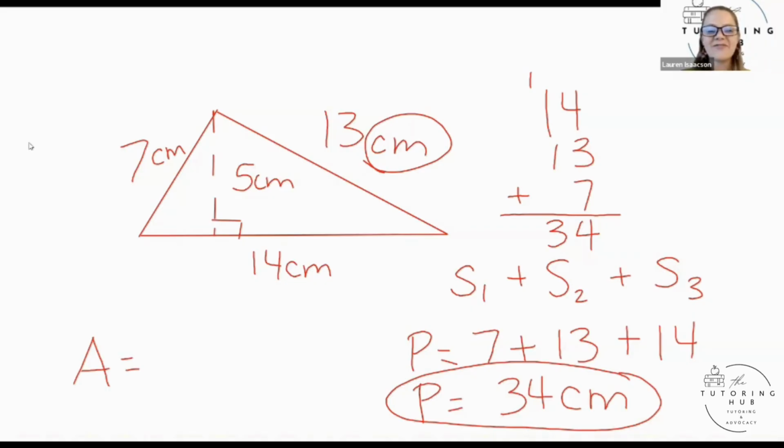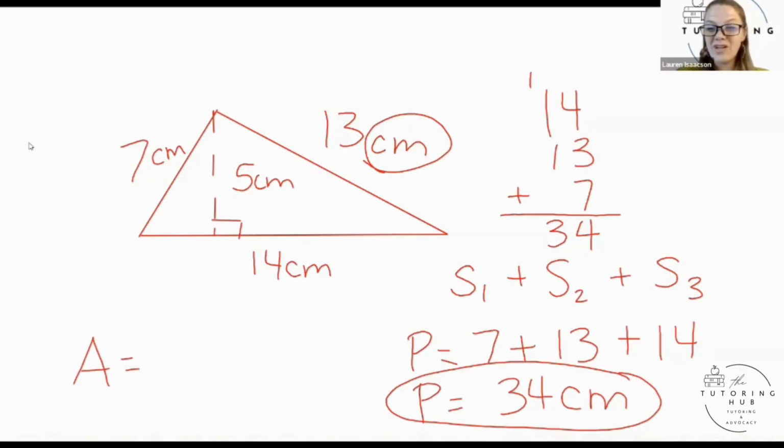Now, let's find the area. Usually, our area is length times width. But that's if it's a 4-sided quadrilateral polygon shape. Here, it's not. Roughly, you could put two triangles together to make a four-sided polygon shape, quadrilateral shape.